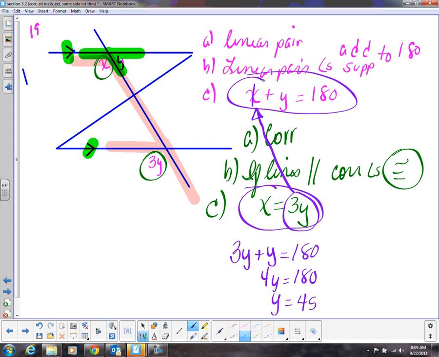What do you want to use? The bottom one. Elber used the bottom one. So we're going to say x is equal to 3 times 45, or x is 135. If you use the top one, you're going to say y is 45. So x is equal to 180 minus 45, which is 135.